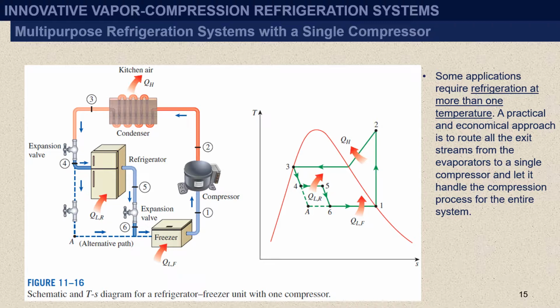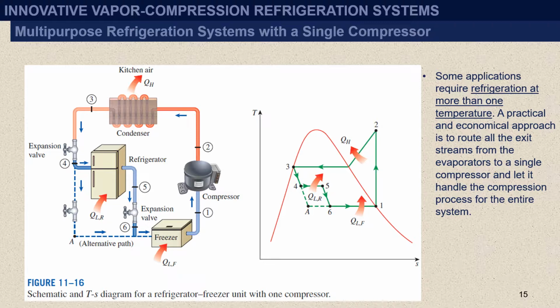If a single expansion valve and evaporator were used, the refrigerant would have to circulate in both compartments at about -25 degrees C, which would cause ice formation in the neighborhood of the evaporator coils and dehydration of the produce.